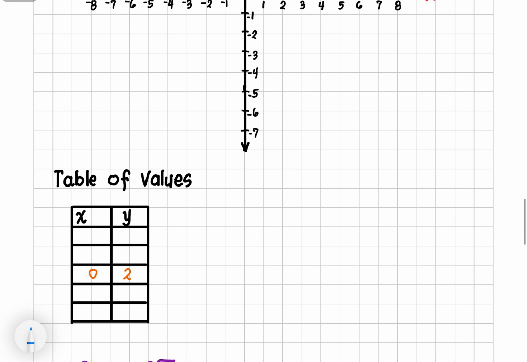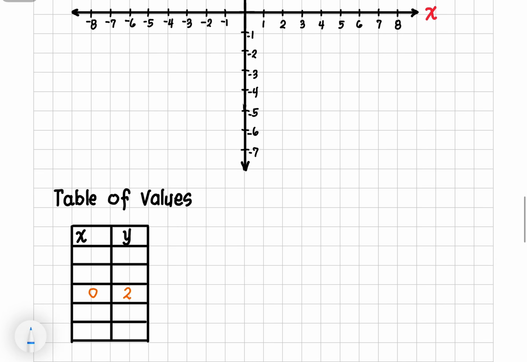Okay. By the way, class, here we can use any numbers greater than 0 or less than 0. But I suggest, so that we won't have a hard time when graphing, let's take the perfect cube roots, like what we did in square root functions with the perfect squares, right? By the way, what are the perfect cubes? Actually, 0 also works.